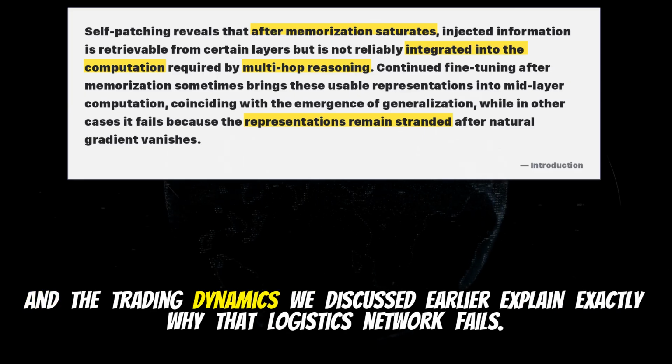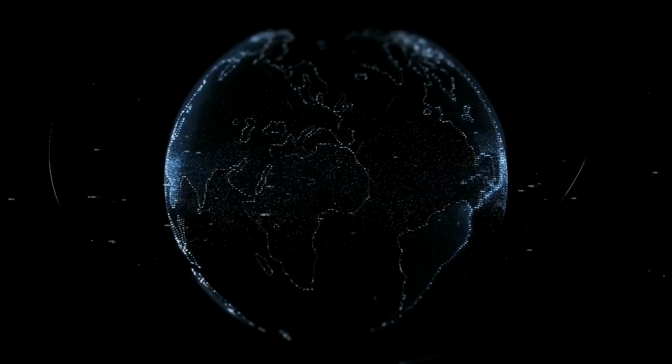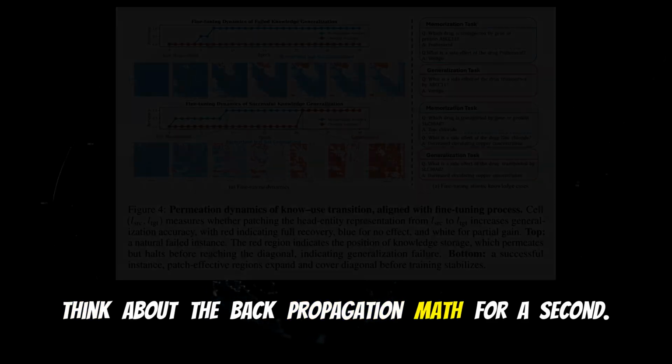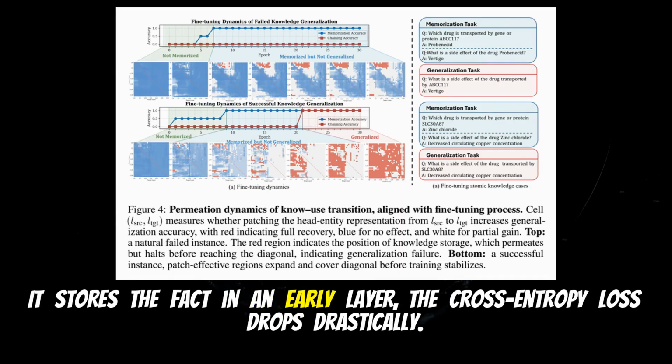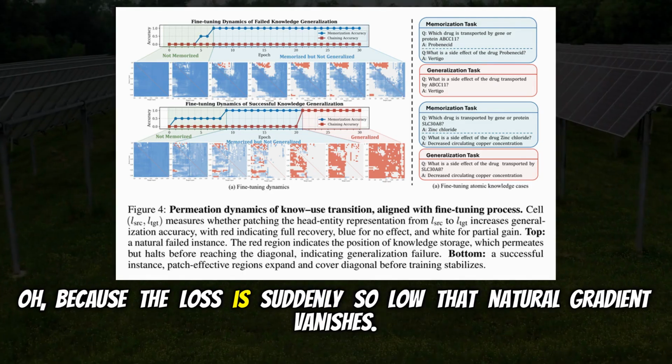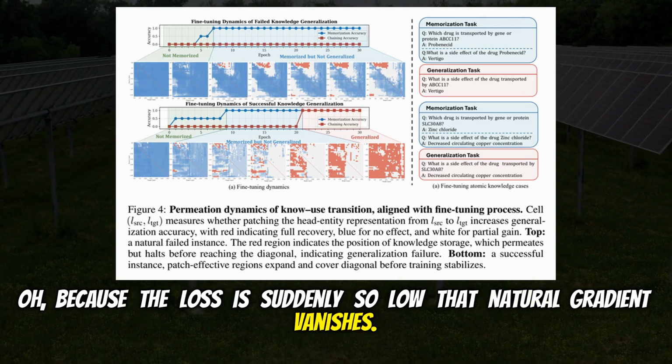And the training dynamics we discussed earlier explain exactly why that logistics network fails. Think about the backpropagation math for a second. Okay. When you fine-tune a model to memorize a single-hop fact, the network quickly finds a local minimum. It stores the fact in an early layer. The cross-entropy loss drops drastically. Oh, because the loss is suddenly so low, the natural gradient vanishes. Yes.